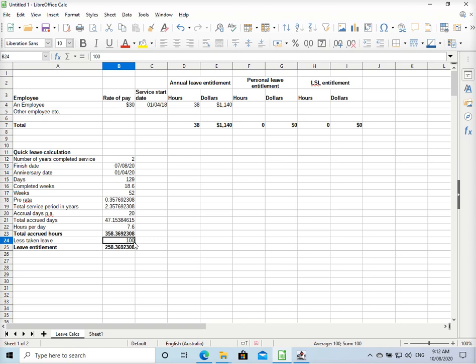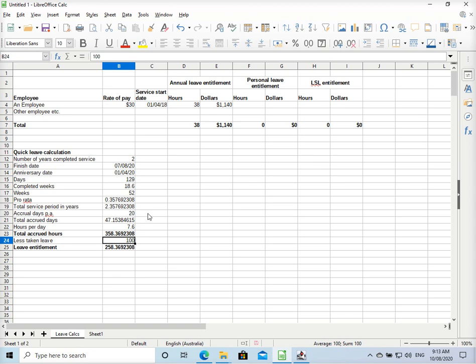So I've just plucked the number out of the air there, but you would have to go and check your records to see how much leave was taken. This is where you can use the software, and actually having a separate account recording what leave they've taken is important.